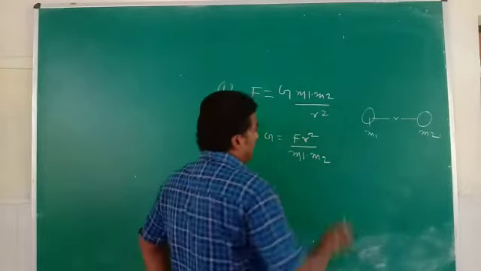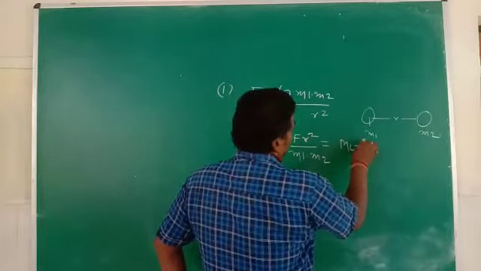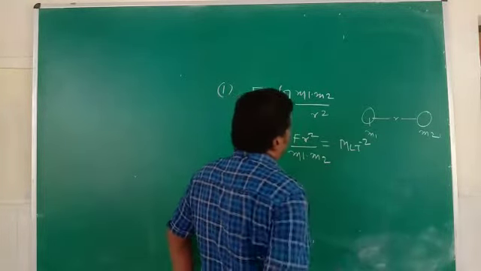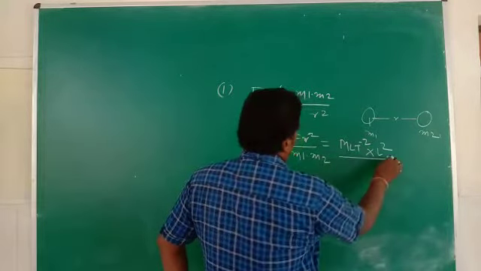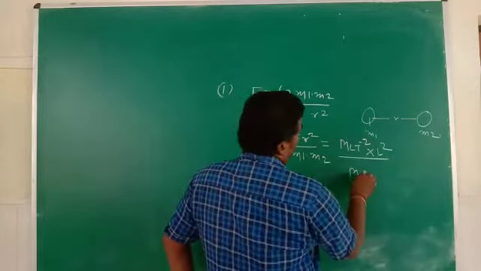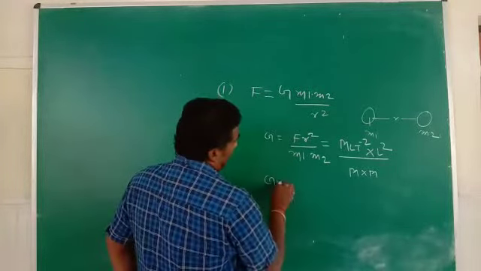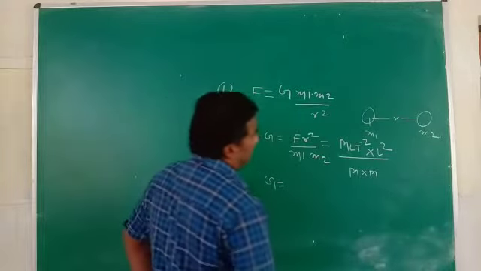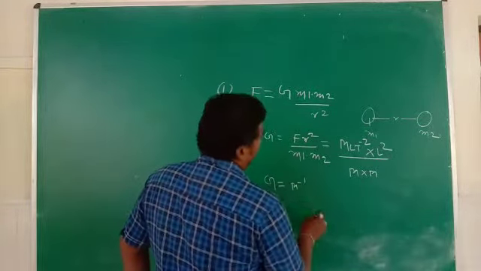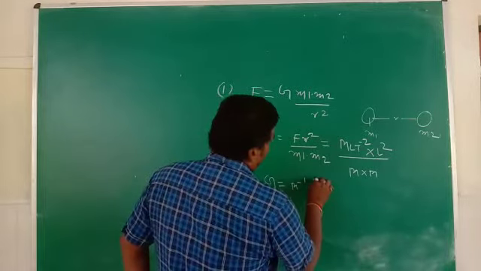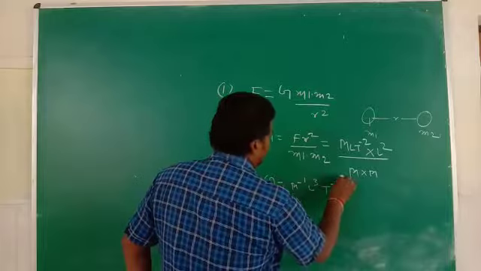We know that the dimension of force is M L T power minus 2, r square is distance squared, L square, and m1 m2 is the mass of the two bodies, M into M. Now the dimension of the gravitational constant is M power minus 1, L power 3, and T power minus 2.